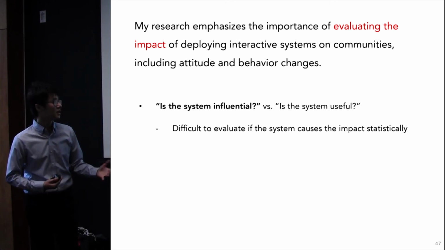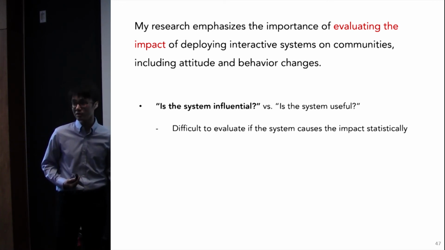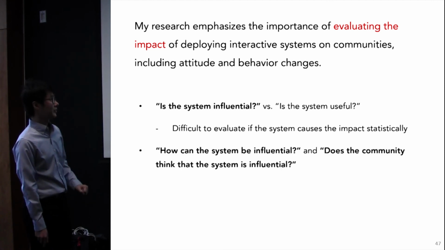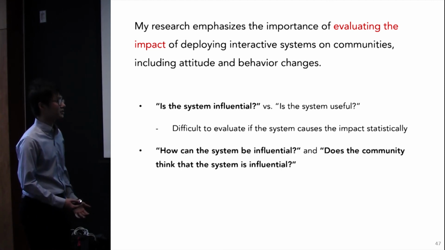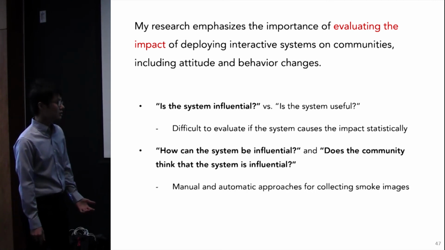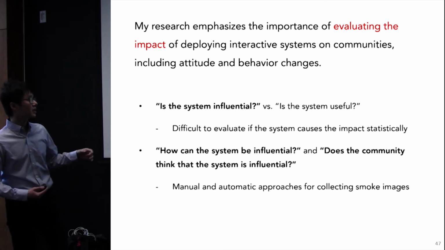This will cost a lot of resources. Also, it could be unethical to do this. So instead, I'm asking a question about whether the community thinks that the system is influential, or how the system can be influential. That's why I'm doing all the studies after deploying the system.